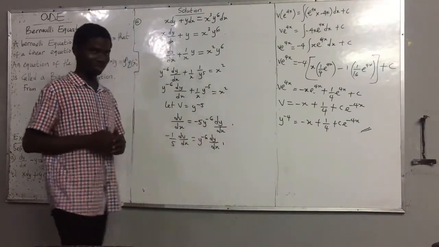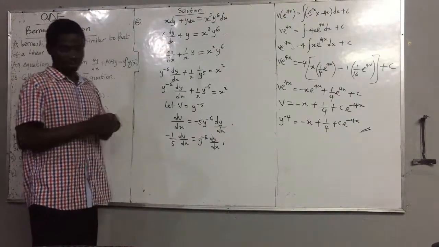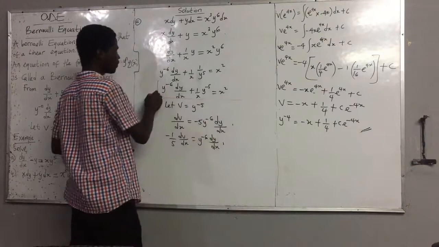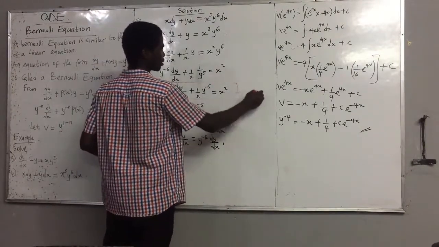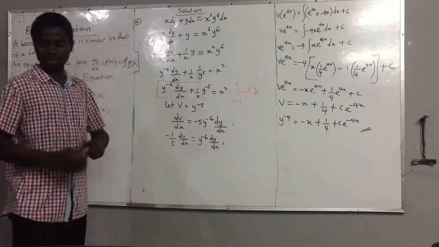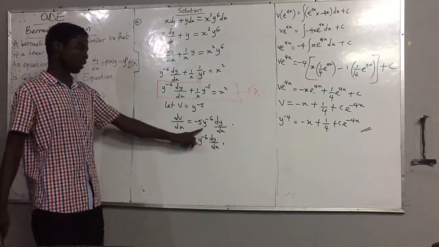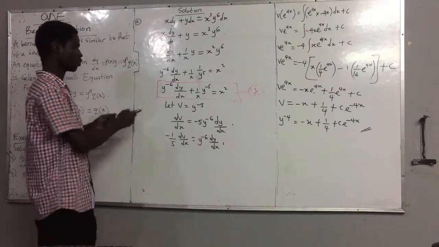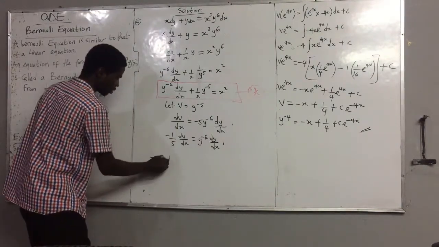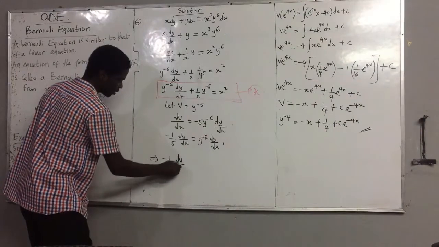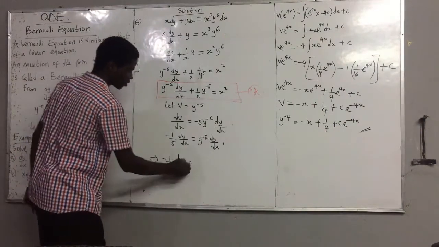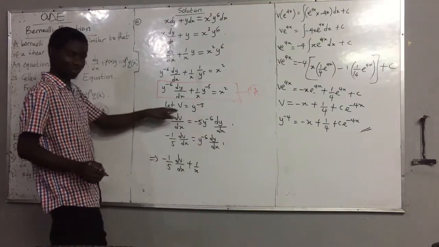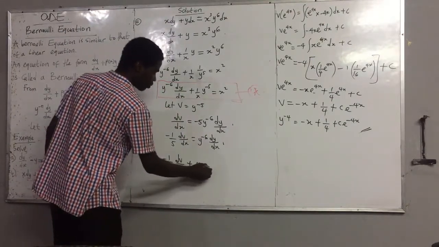Do you get that? So now come back to this place. Before you make v the subject of formula, substitute into the equation. Y raised to power minus 6 dy/ds is minus 1 over 5 dv/ds. So it becomes minus 1 over 5 dv/ds plus 1 over s times y raised to power minus 5, which is v, equal to s squared.